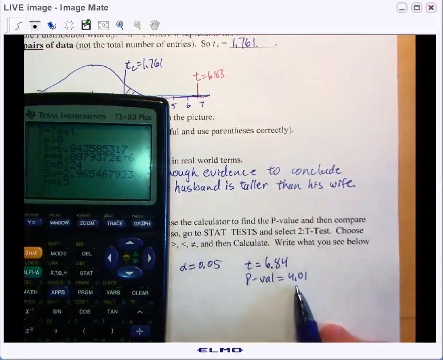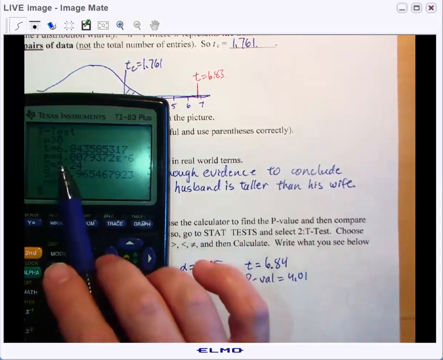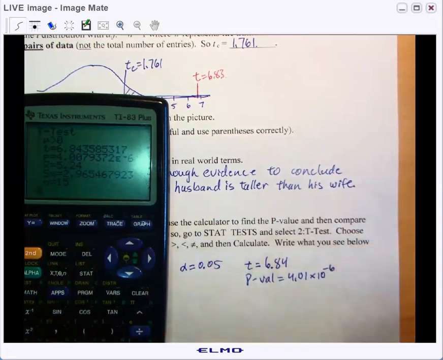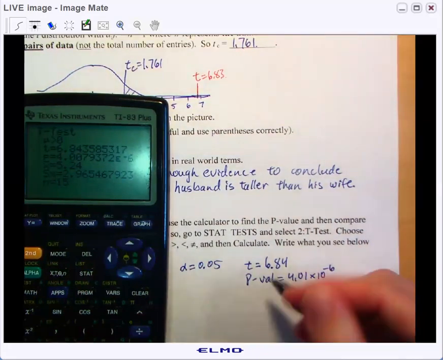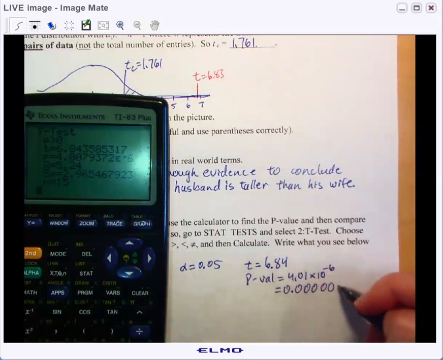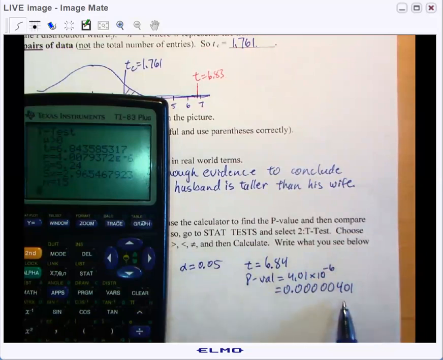So if you see something like 4.01, keep reading your number. Oh, so that means times 10 to the negative 6. This thing is so tiny that we had to write it in scientific notation. So in other words, this means 0.1, 2, 3, 4, 5 zeros, and then I can start writing my number. So that p-value is super tiny.